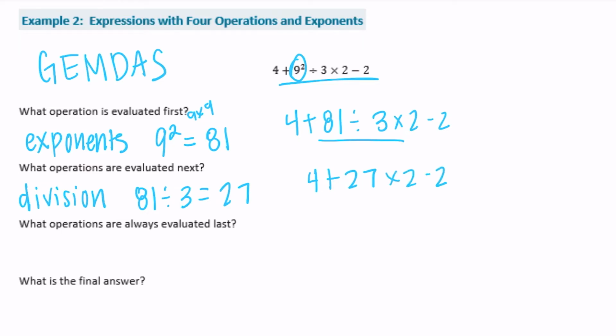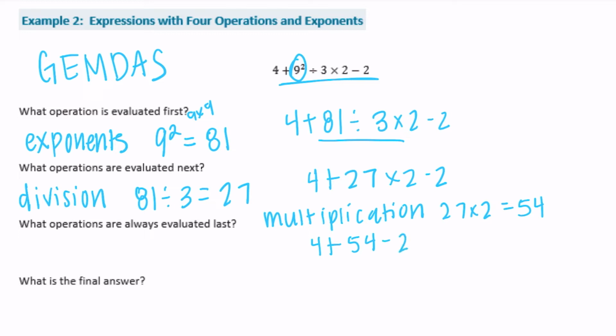So next we would do the multiplication of 27 times 2. 30 times 2 is 60, so minus 6 would be 54. So we now have 4 plus 54 minus 2.